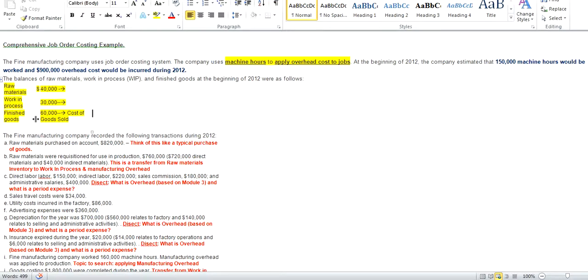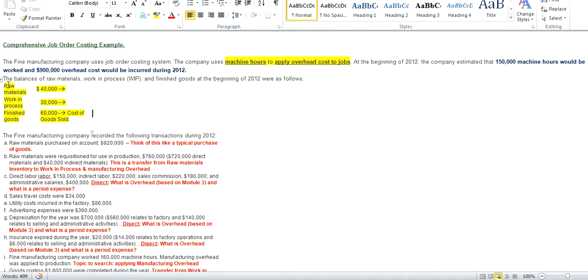When we remove them from the balance sheet, that occurs when there's a sale, and we transfer that cost to the cost of goods sold. So that is the flow that you have to understand. We start at raw materials, then we move to work in process, and from work in process we move to finished goods, and at the point of sale we transfer out of finished goods to cost of goods sold.